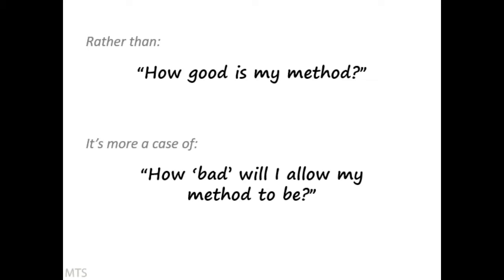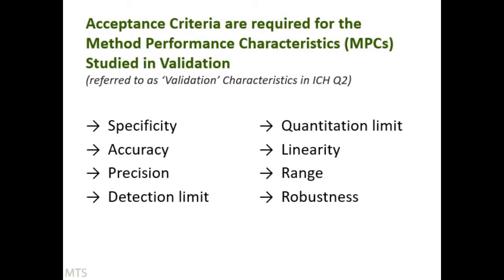That's my acceptance criteria. So it's quite a good way to think about it, because you're not looking for perfection in methods, and we'll talk in a moment about why that's not possible. So what you need to decide is, well, how much am I going to allow it to go away from perfection? So those acceptance criteria will be required for what we call method performance characteristics, these MPCs.